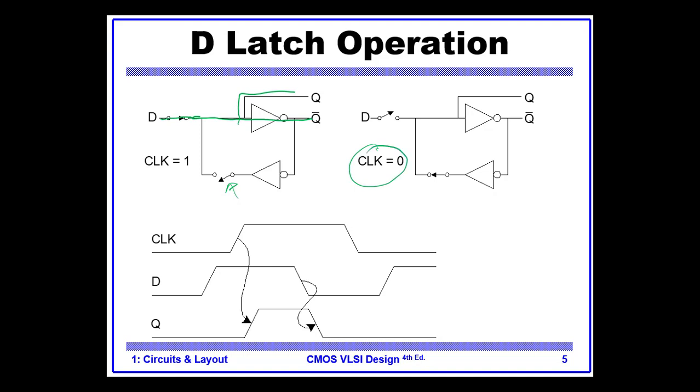And when the clock is 0, the input is disconnected from the multiplexer, and we have this kind of feedback which enables us to store. So this is storing mode or memory mode, and that is transparent mode. So this is the operation in more detail.